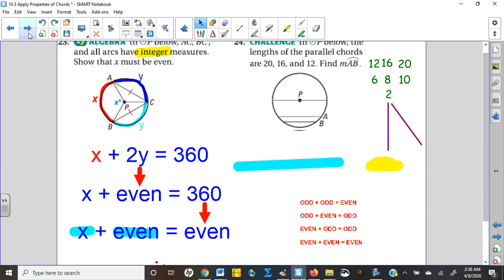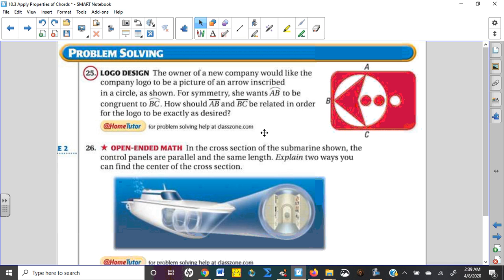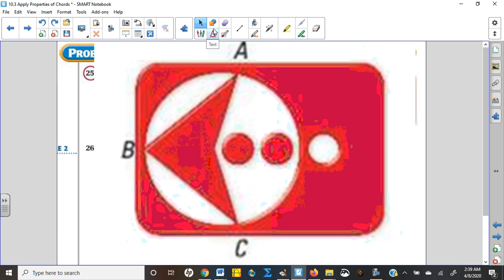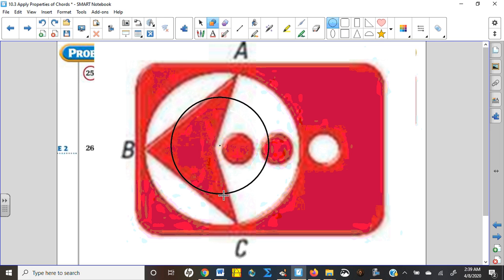All right, last problem, 25, and it actually turned out to be an easy one. This is a new logo that this manager wants, and to get symmetry in her logo, she wants arcs AB and BC, so that would be this arc and this arc, to be the same. Well, what does that entail regarding segments AB and BC? Well, if we take a closer look at this, we know that the entire shape here is a circle, right?